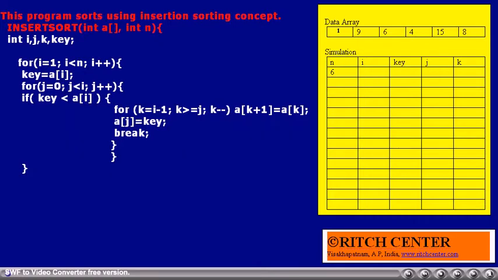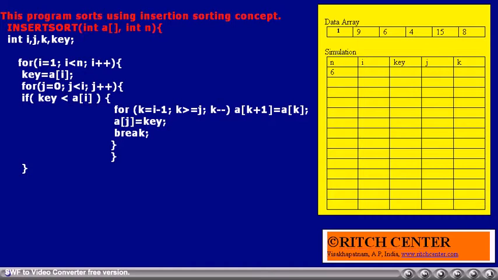If we want to say that the elements till I value, that is till 1, are sorted, it means all the elements before I should be smaller than the element at location I. Otherwise they are not sorted.